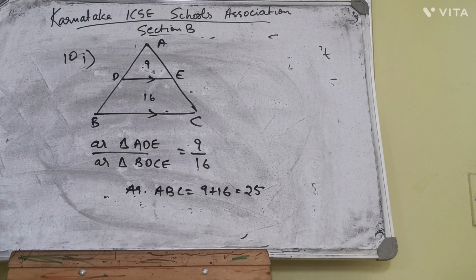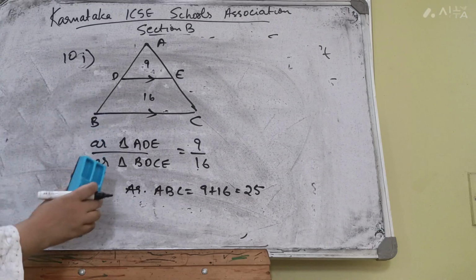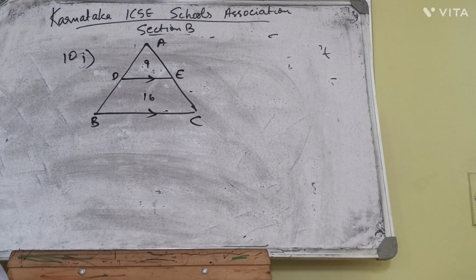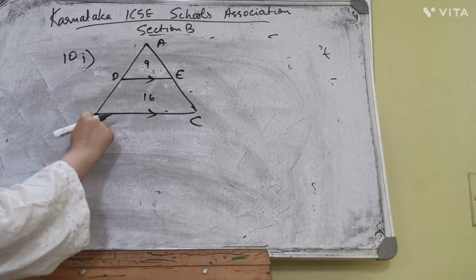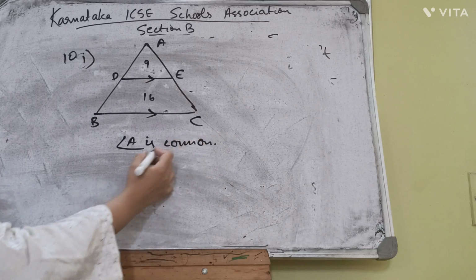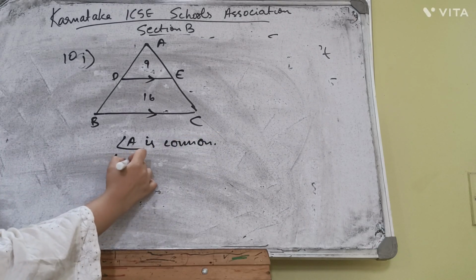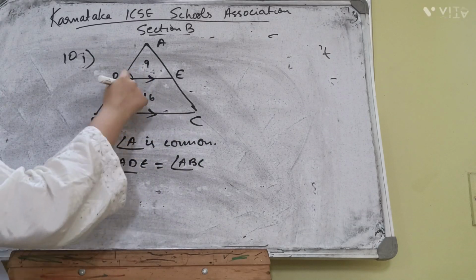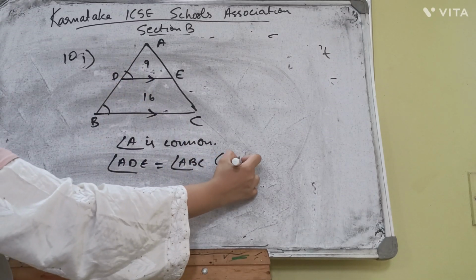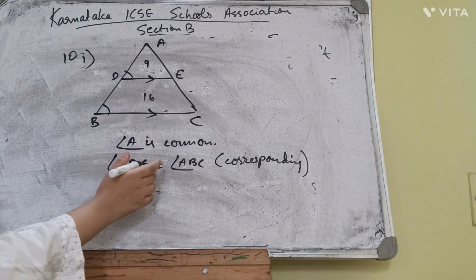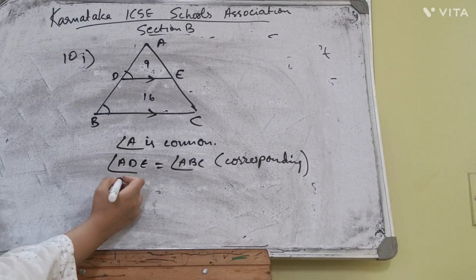Now to find the ratio of AD is to DB, we need to first prove that the two triangles are similar. So let us prove similarity. If we consider triangle ADE and ABC, we have angle A which is common, and angle ADE will be equal to angle ABC; these are corresponding angles.